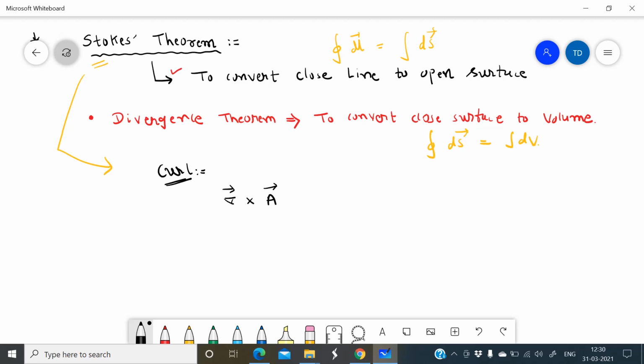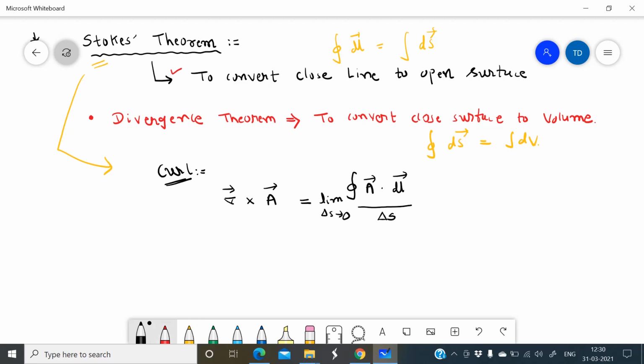So what is the definition of curl? Curl of any vector quantity is equal to the closed line integration of that vector quantity as the surface tends to 0, when delta S tends to 0. This is the definition of curl.